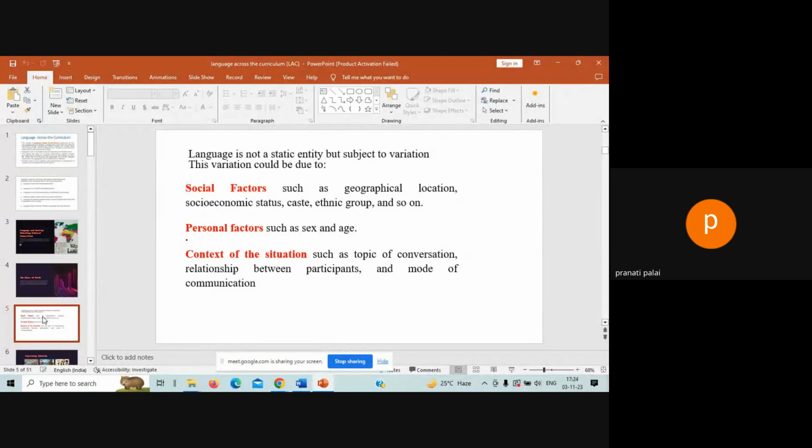We can also say that our neighbors are using a different kind of language than us. More appropriately, we ourselves use the same language in a different way when the situation changes. Next are personal factors such as sex and age.